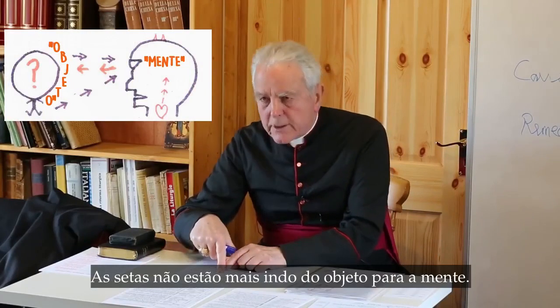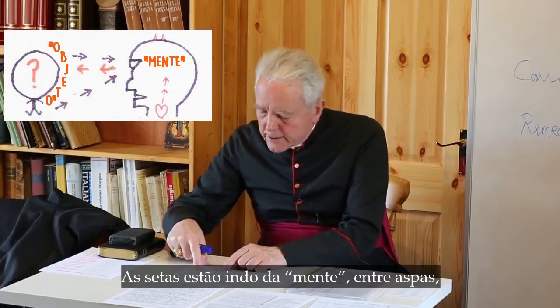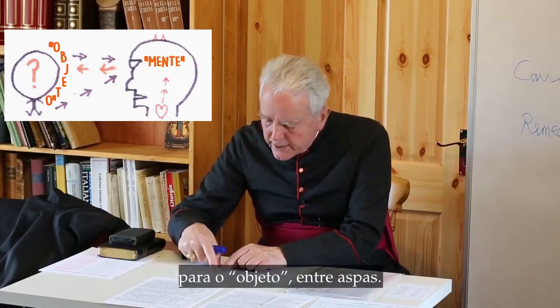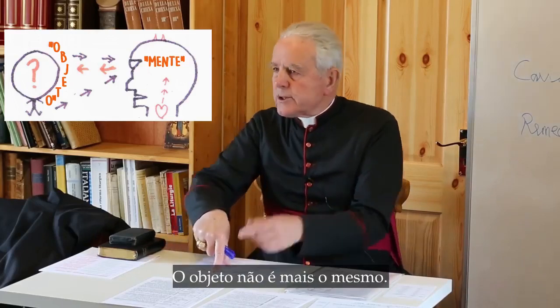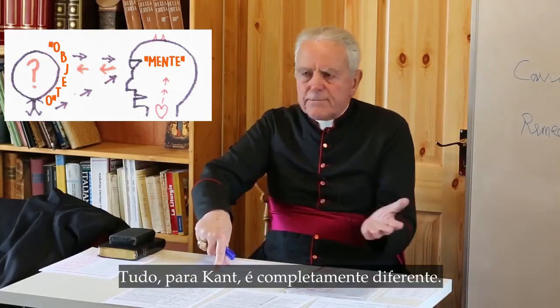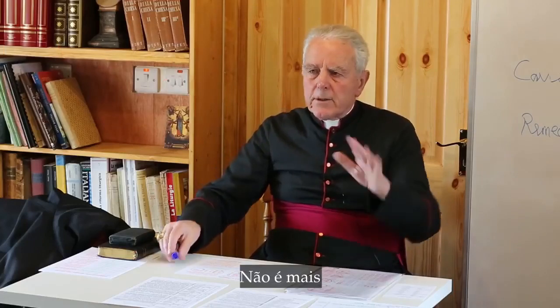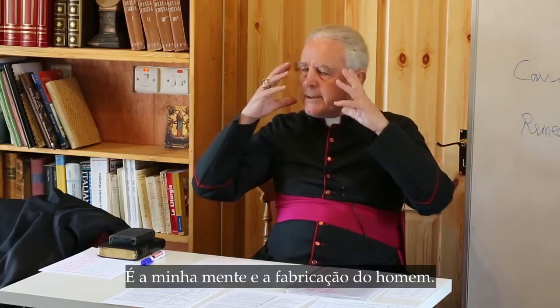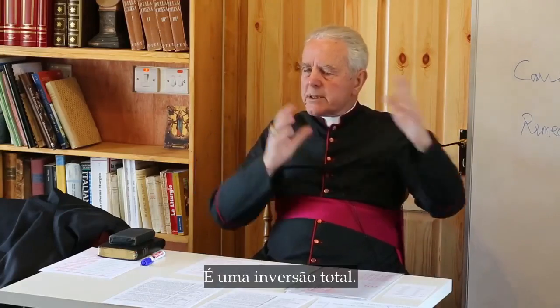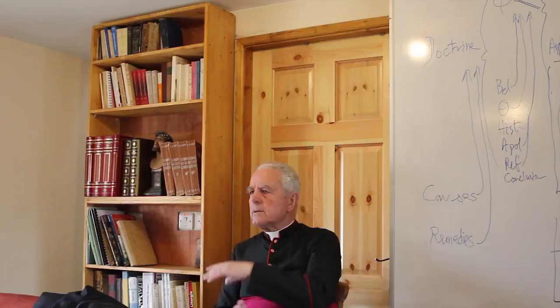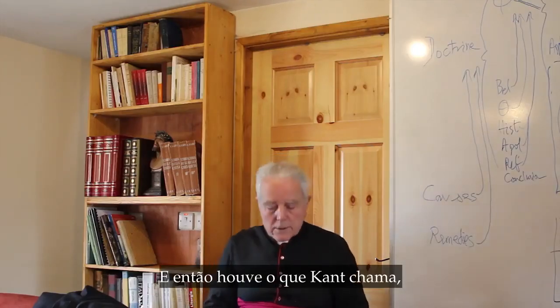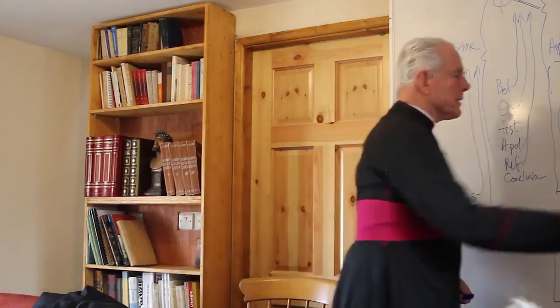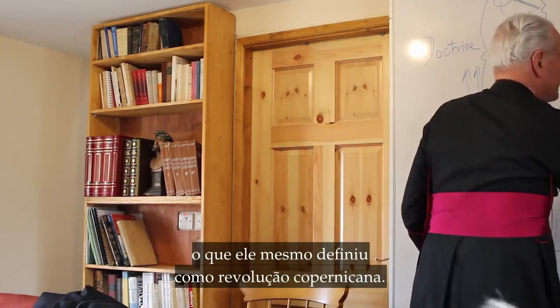The arrows are no longer going from the object to the mind. The arrows are going from the mind, in inverted commas, to the object, in inverted commas. The object is no longer the same. Everything in Kant is completely different. It's no longer God's creation and reality. It's my mind and man's fabrication. It's a total reversal. And so what you've got is what Kant himself called the Copernican Revolution.